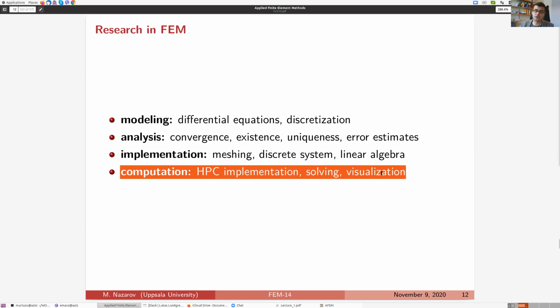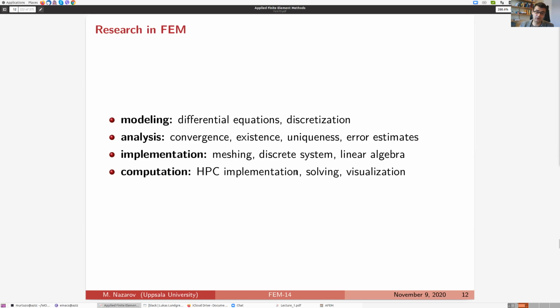Computation. Since the industrial problems are really huge, you have to write code which is HPC, high performance computing friendly. Today in industry, it is not enough that you take your laptop, simulate something in MATLAB and say this is my approximation.